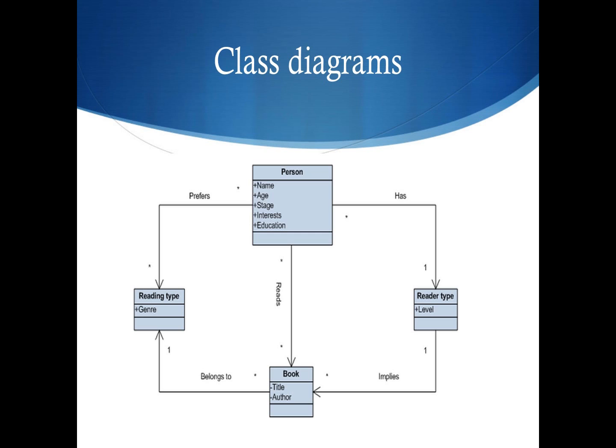This is the class diagrams that are used in this program. It has persons, reading types, readers type, and books. This program is trying to recommend books for a certain reader in a library.